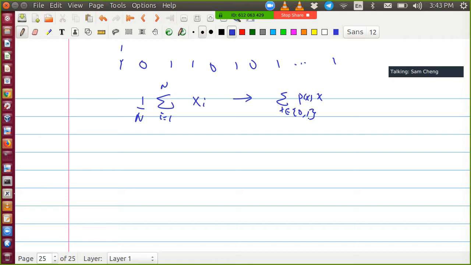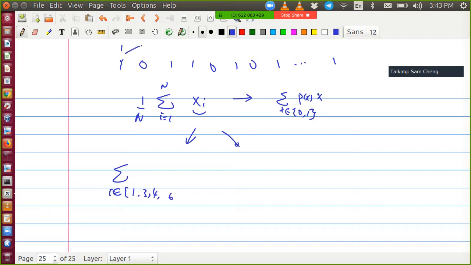And here, with this x_i, if you look at it, I can group it into two sets. For example, i equal to 1, 3, 4, 6.